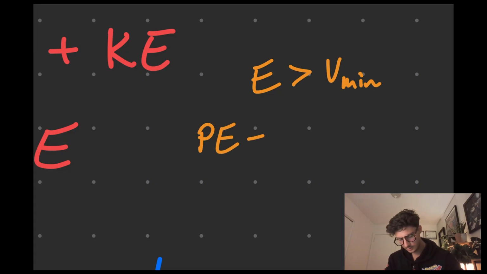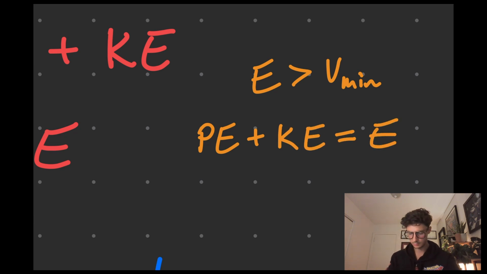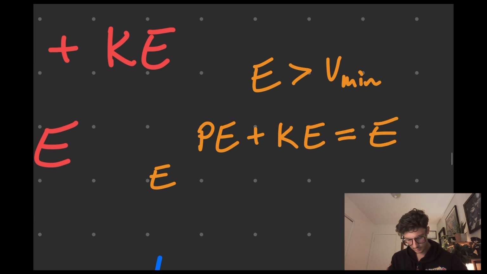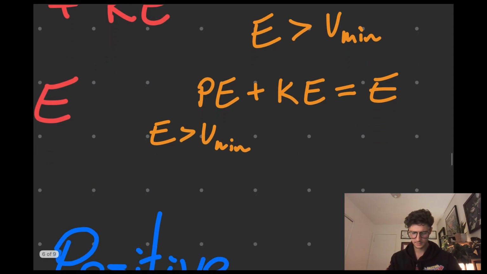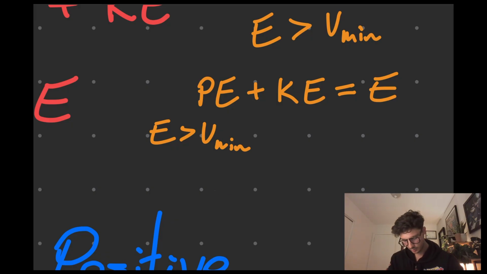Potential energy plus kinetic energy is equal to energy. Energy is bigger than V min, right? What does this tell us? I guess kinetic energy is positive, huh? Positive kinetic energy. So you're chilling.